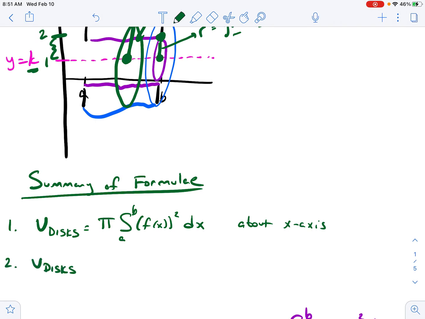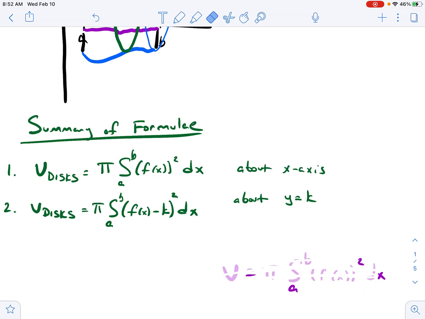If we have a line of rotation, y equals k, we do this. Again, when we subtract, this is how we compute the radius. It's the same concept. Radius squared times dx. We just have to be careful how we're computing the length of the radius of each of our disks. And that's how that's done, okay?